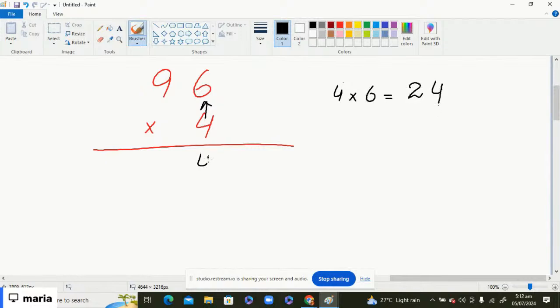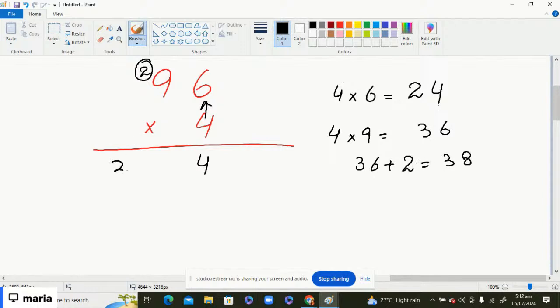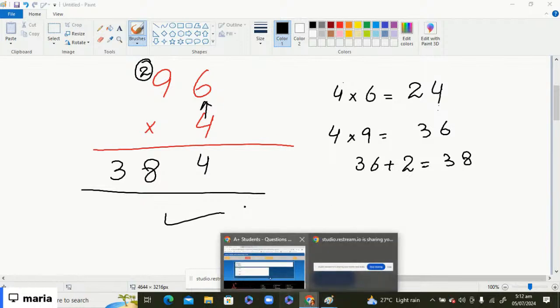The right side digit goes here, and the left side digit moves up as a carry. Now 4 times 9 is 36, and with 36 you're going to add the carry, that is 38. So here we're going to put 38. This is 384.